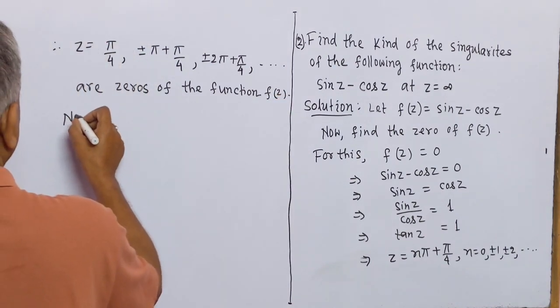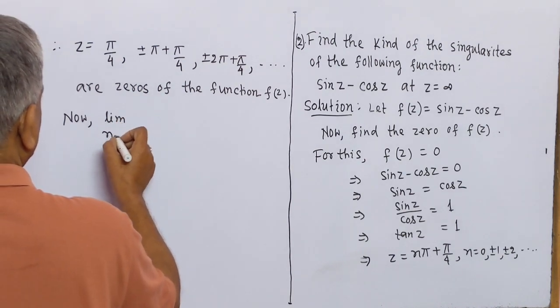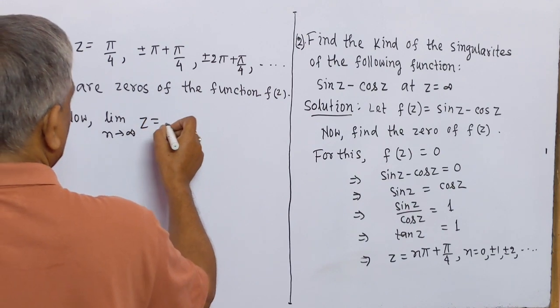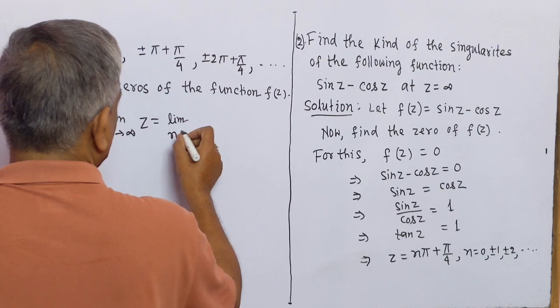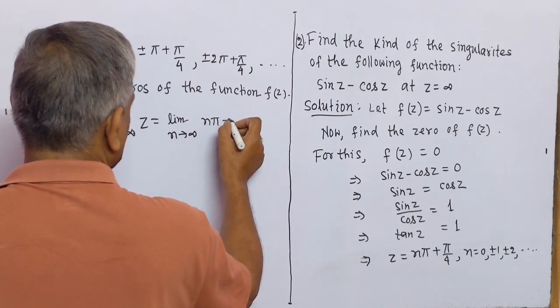Now limit as n tends to infinity of z equal to limit as n tends to infinity of n pi plus pi by 4.